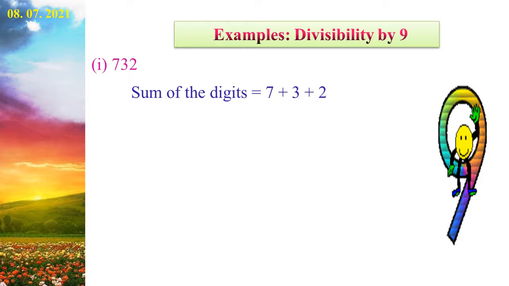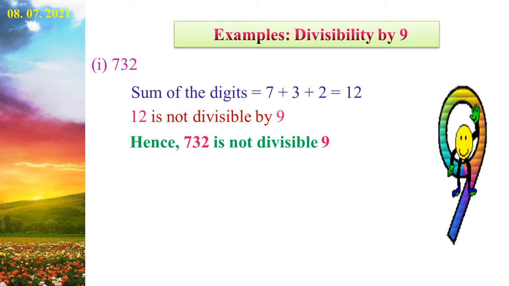When we add all the digits, that is 7 plus 3 plus 2, we get the sum as 12. We know that 12 is not divisible by 9. Hence, the whole number 732 is not divisible by 9.